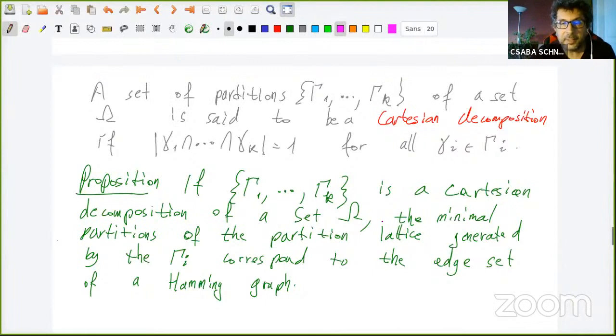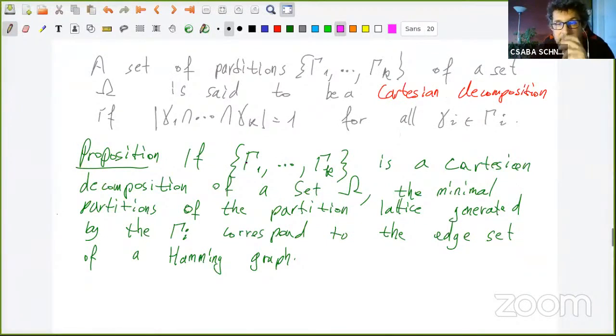This Cartesian lattice is determined by its minimal partitions, and it's also determined by its maximal partitions. This is what this proposition says: whenever I have some sort of Cartesian decomposition in a set omega, so a set of partitions that satisfies this property, then I can consider the partition lattice generated by these partitions, and I can consider the minimal partitions in this partition lattice generated by the Cartesian decomposition, and these minimal partitions will correspond to the edge set of a Hamming graph.